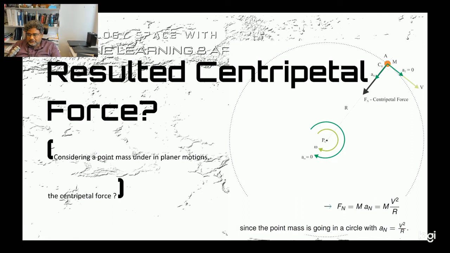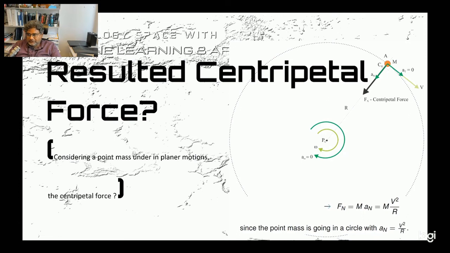Since we are already familiar with the normal acceleration component, which is pointing towards the center, we can also calculate the centripetal force, which is parallel to this acceleration. Here we are using Newton's law, F equals ma. If you apply that rule, you end up with the centripetal force Fn equal to the mass of this particle, m, times its normal acceleration An.